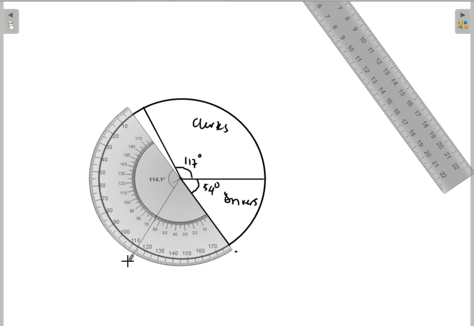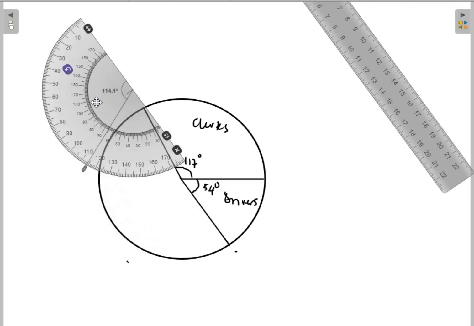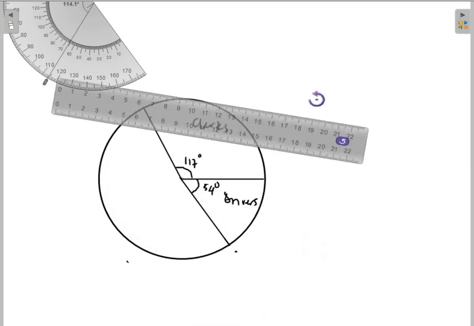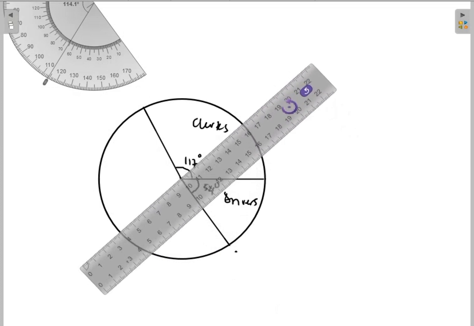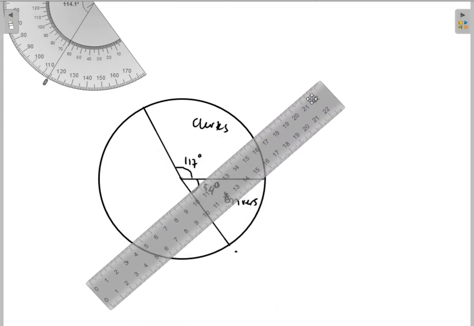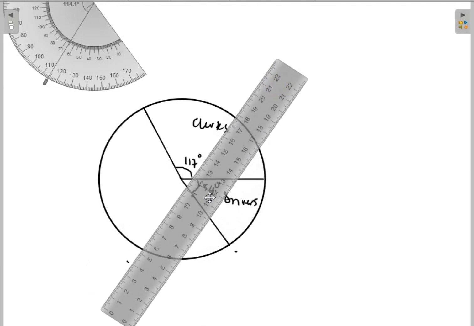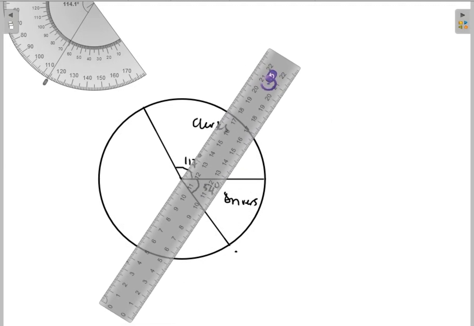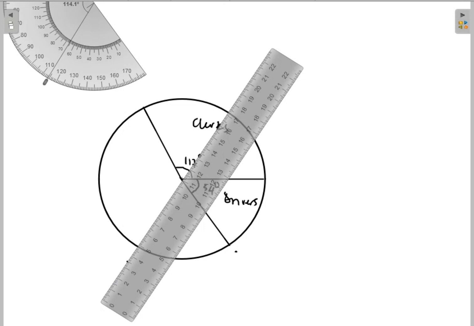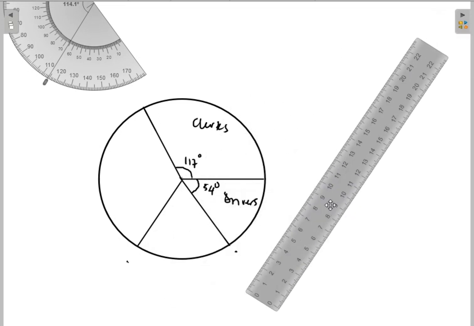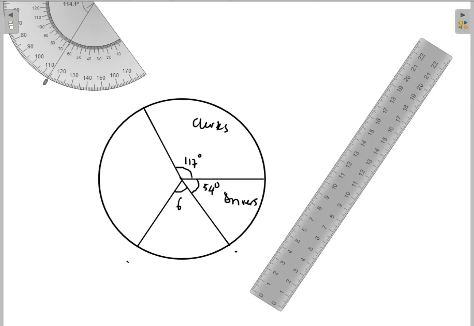Then we'll mark it, remove, then draw. This is 66 degrees, and that's for typists there.